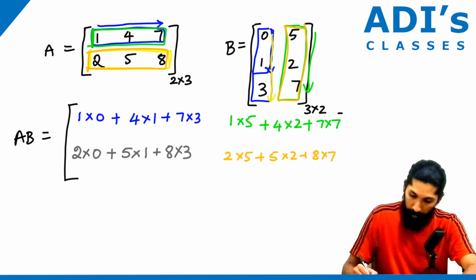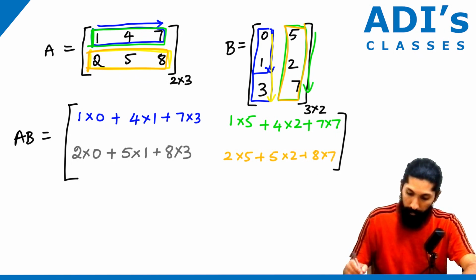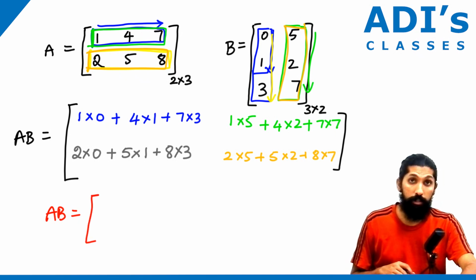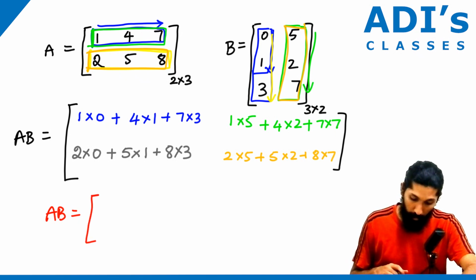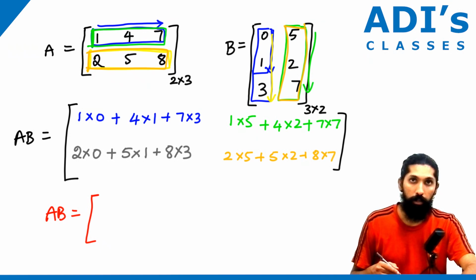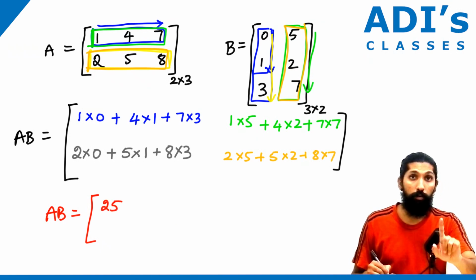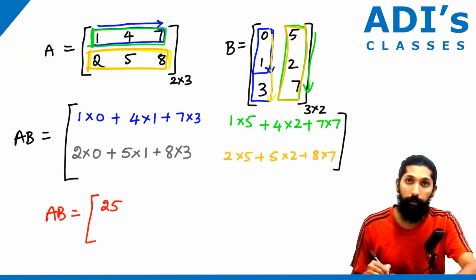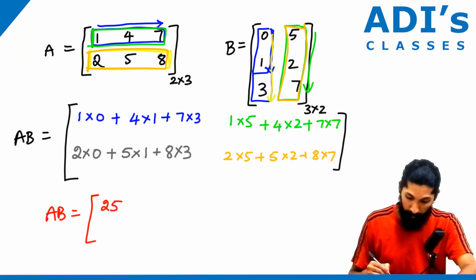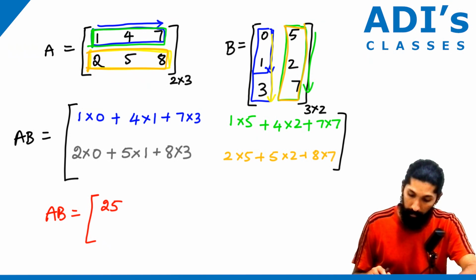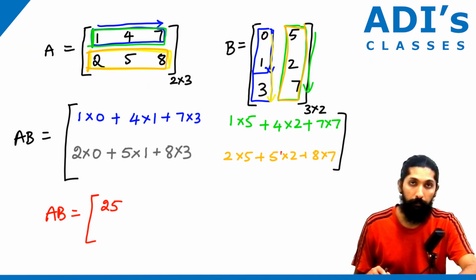Correct? So finally, you add all of them together. So AB is equal to 1 into 0 is 0, 0 plus 4 plus 21, 21 plus 4 is 25. First row, first column element is 25. Next one is first row, second column: 5 plus 8 plus 49.